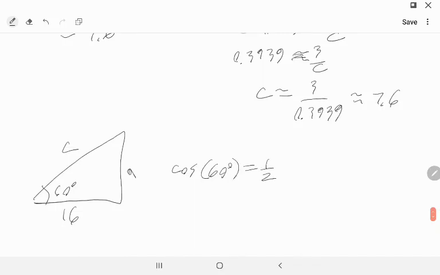So if you took your calculator and told it cosine of 60 degrees, you have to be careful. You'll see a button on your calculator that says deg, or rad, or grad. We actually have three ways of thinking about angle measures.